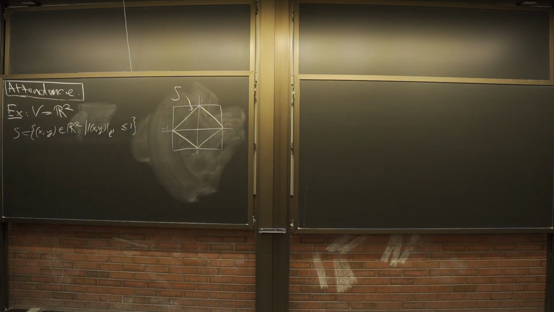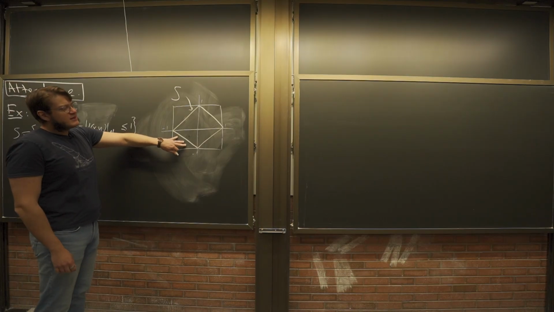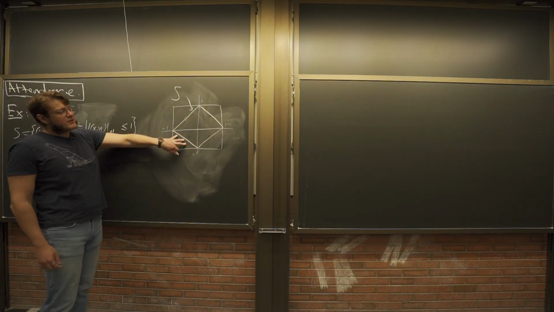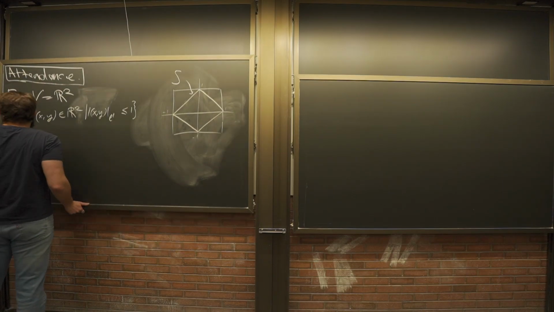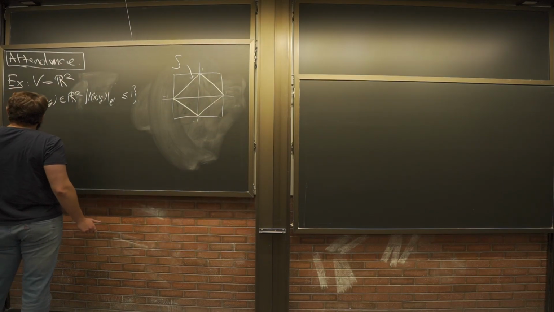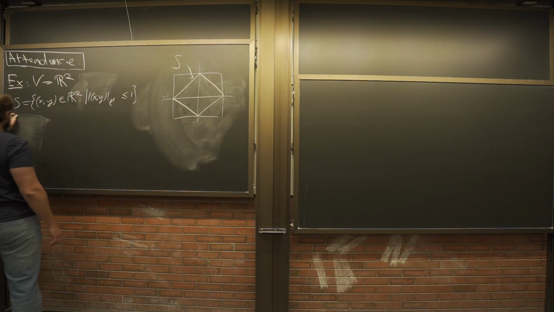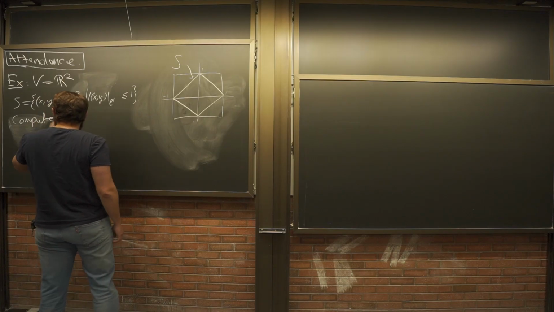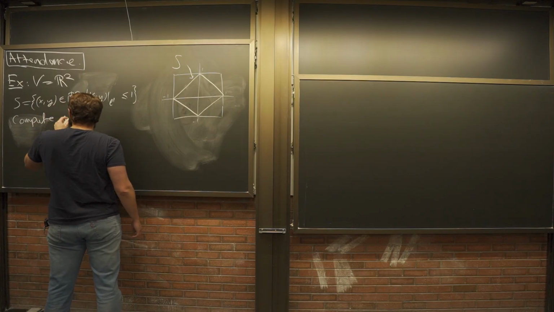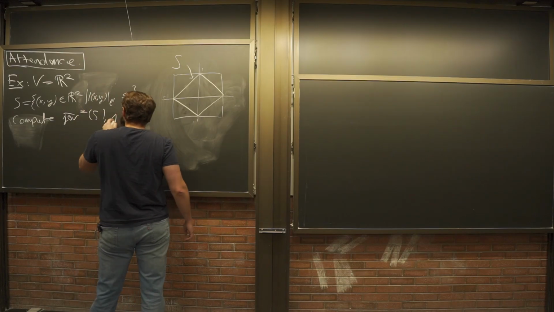Method one is this. Well, I can realize that this guy really is, I can think of it as a box aligned with respect to some basis. Okay? So let me define this. So what are we trying to do? Compute, let's say, this.